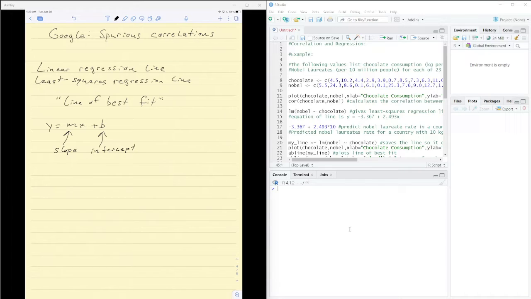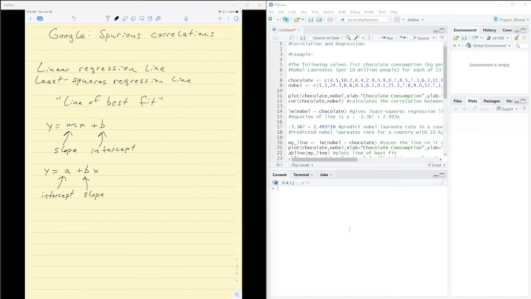In statistics, usually they like to talk about lines in terms of a plus bx, where a is your intercept and b is your slope. This is usually how they do it, and that's because this extends to multiple variables very easily.